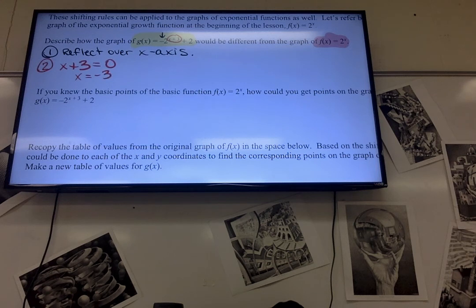And so x equals -3, which means this graph shifts left, because it's -3 units. Just 3 would be fine. And the +2 on the end, of course, means that it shifts up 2.